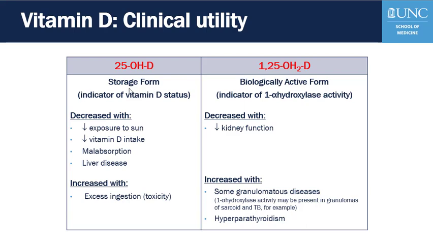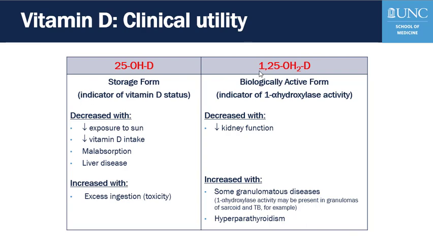So this number will be decreased in cases of limited exposure to the sun, decreased vitamin D intake, malabsorption where ingested vitamin D isn't absorbed into the bloodstream, and liver disease where 25-hydroxyvitamin D can't be formed. And vitamin D in this form will be increased primarily in cases of excess ingestion or vitamin D toxicity.